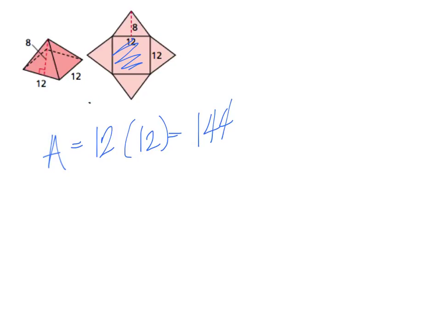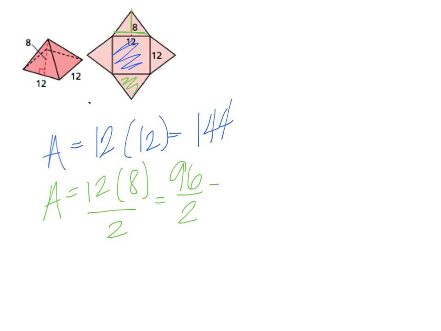Now let's do the area of the triangles. To find the area of a triangle, you're going to do base times height divided by 2. The base of the triangle is 12, the height is 8, and then I'm going to divide it by 2. So 12 times 8 is 96. 96 divided by 2 is 48. But I not only have one triangle, I have 4 of them.